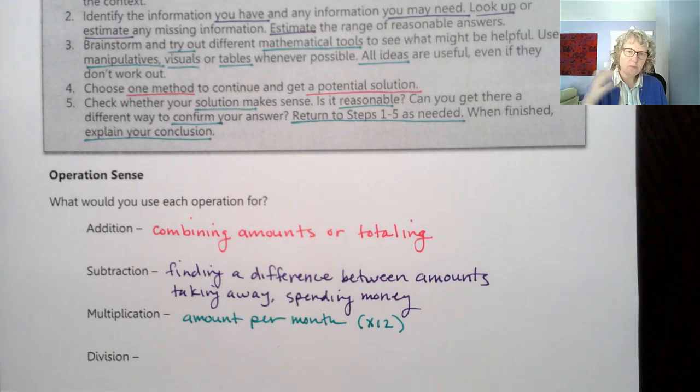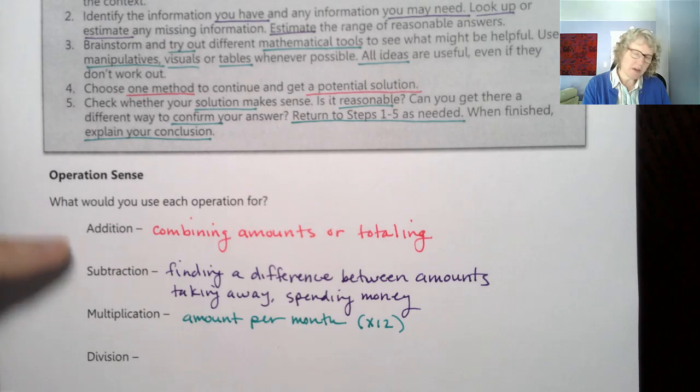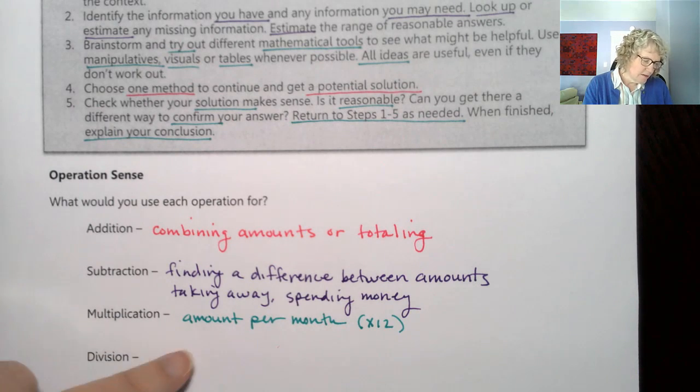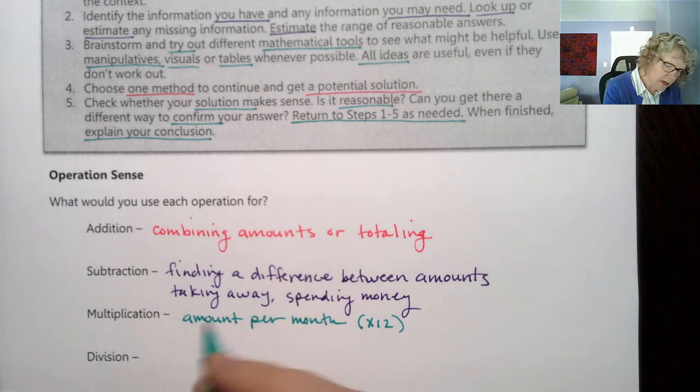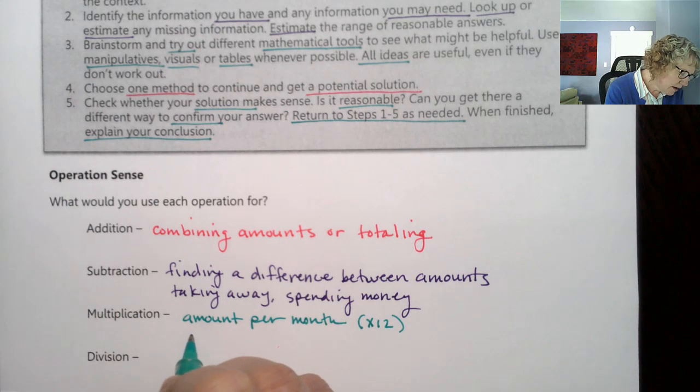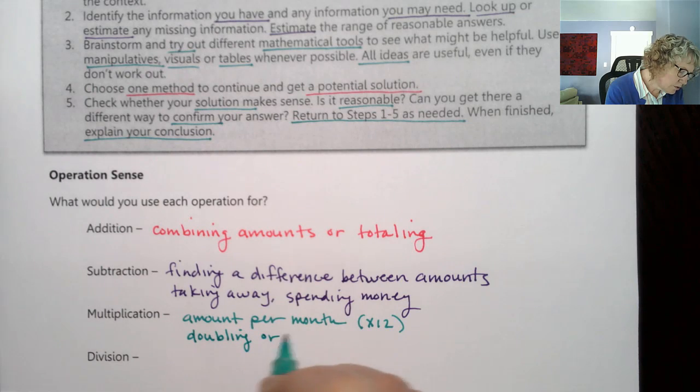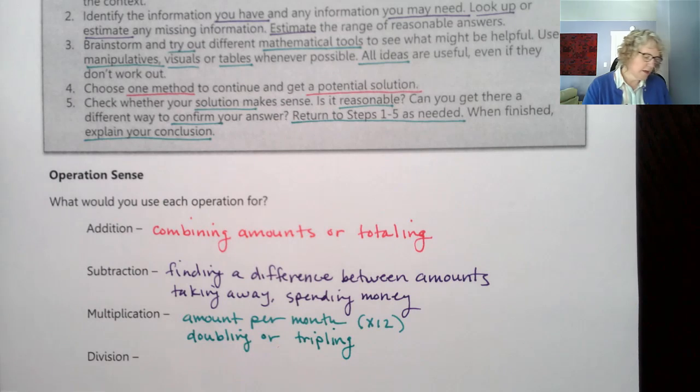So if you have the same repeated, so we could say repeated amount, and multiplication is a shortcut for repeated addition. So amount per month, or if we had something like doubling or tripling, that is a multiplication effect, right? Multiplicative effect.